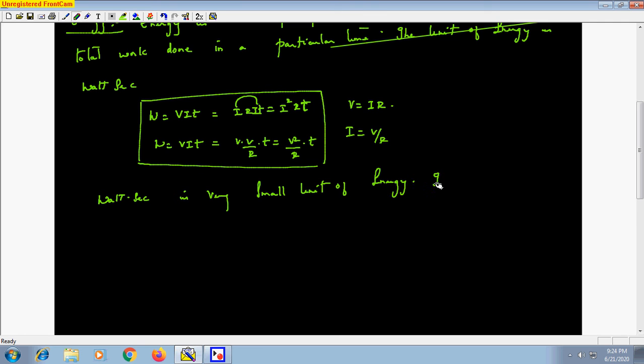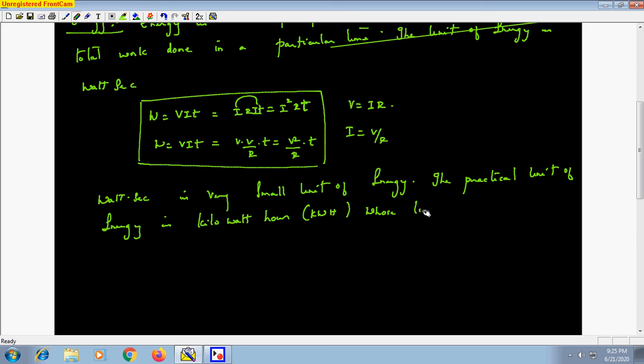The practical unit of energy is kilowatt hour, kWh. And the trade name is unit, we usually use that in the trade.